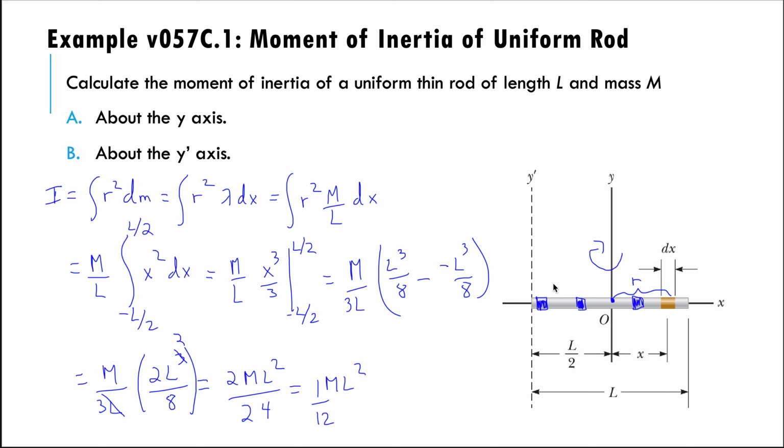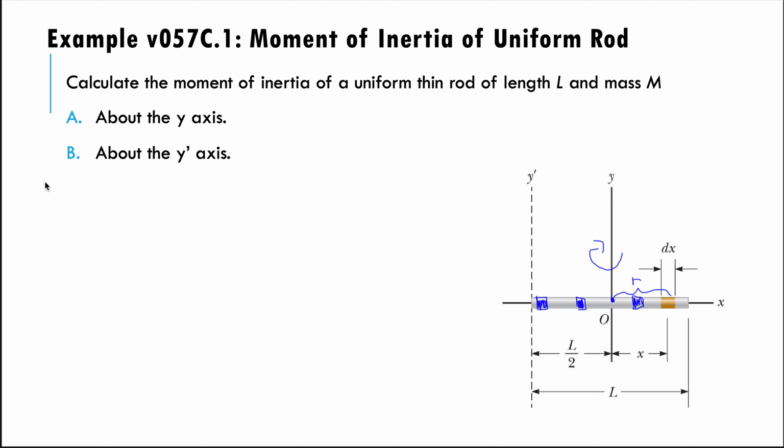In order to do this one, we just need to use the parallel axis theorem. Let's do part B. Let's write down the parallel axis theorem. I equals the moment of inertia that goes through the center of mass plus Md squared.